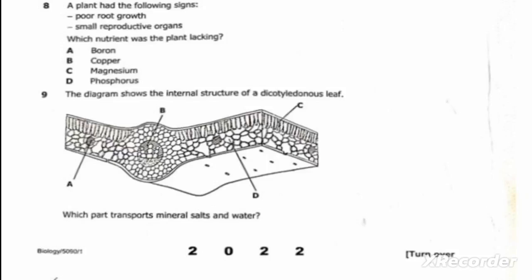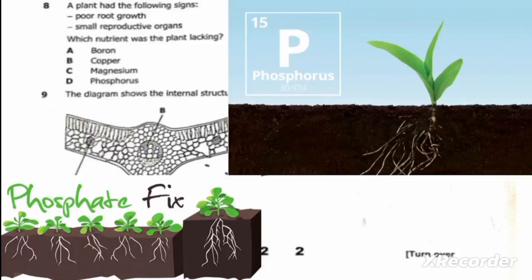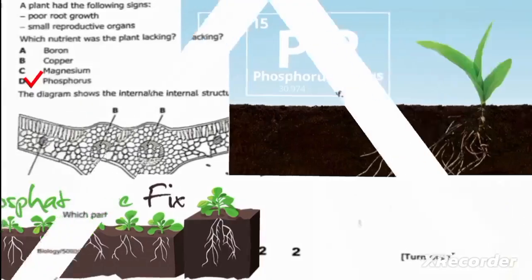Phosphorus is responsible for root development and the well-being of reproductive organs. So therefore, our correct answer is D. Lack of phosphorus will lead to poor root growth.